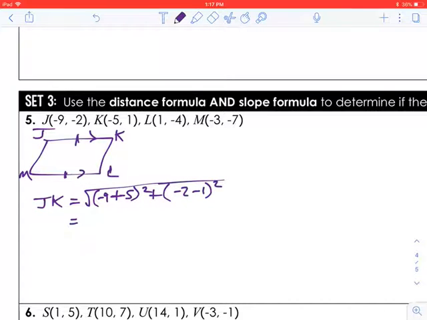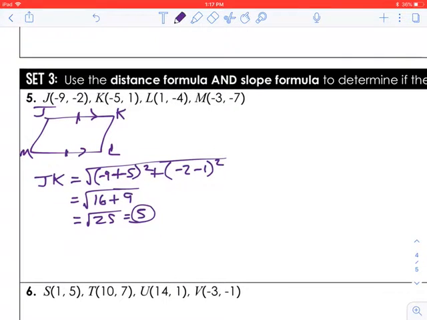So -4 squared is 16, plus -3 squared is 9. And so what we end up with is square root of 25, which is 5.